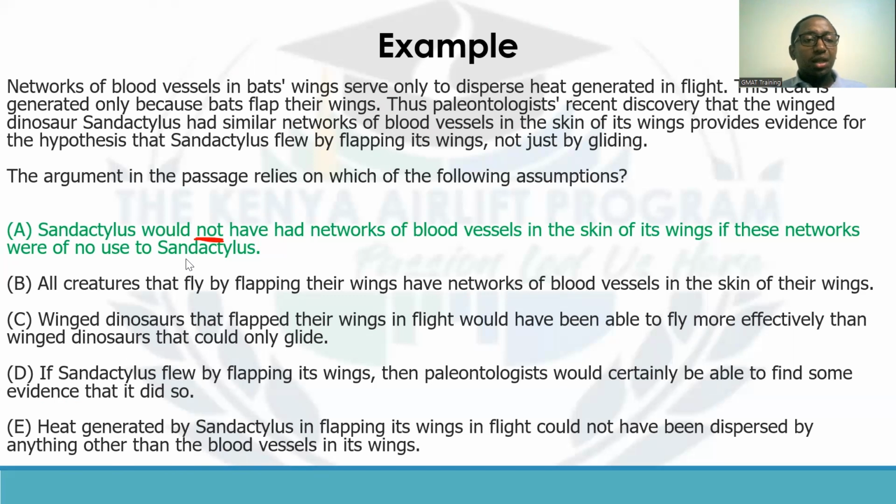So where will you negate? Will you say would have networks of blood vessels in the skin of its wings if these networks were of no use? Or will you say would not have had networks if the networks were of use?